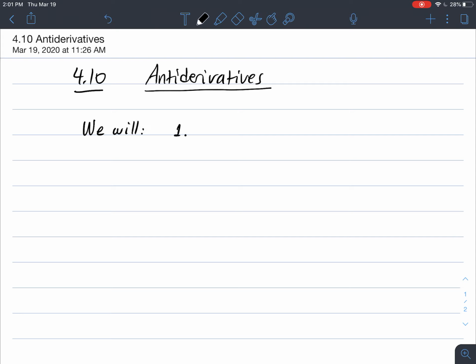First of all, we will define the most general antiderivative of a function. Then we will define and understand the notation of a definite integral.